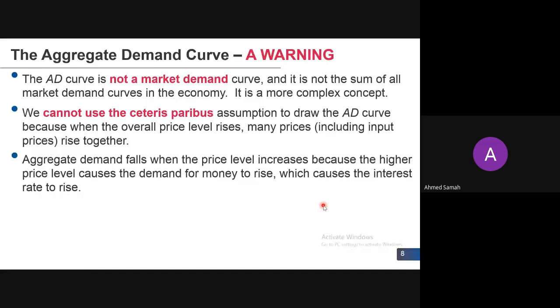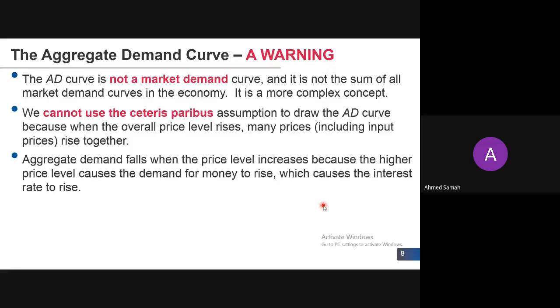Aggregate demand falls when the price level increases, because a higher price level causes the demand for money to rise, which causes the interest rate to rise. When prices rise, you will demand higher wages, so the demand for money increases, and the banks will also increase their lending interest rates.